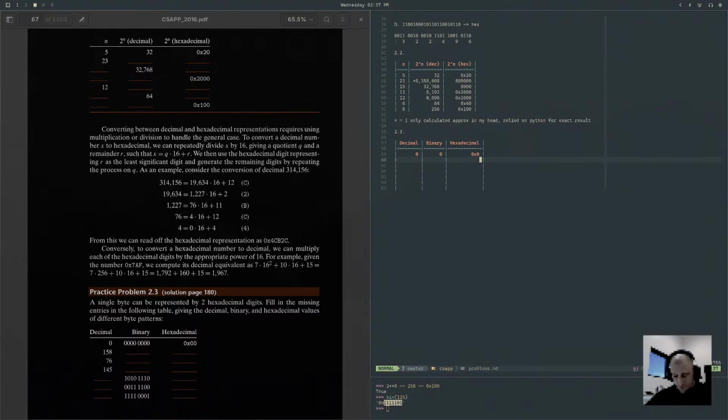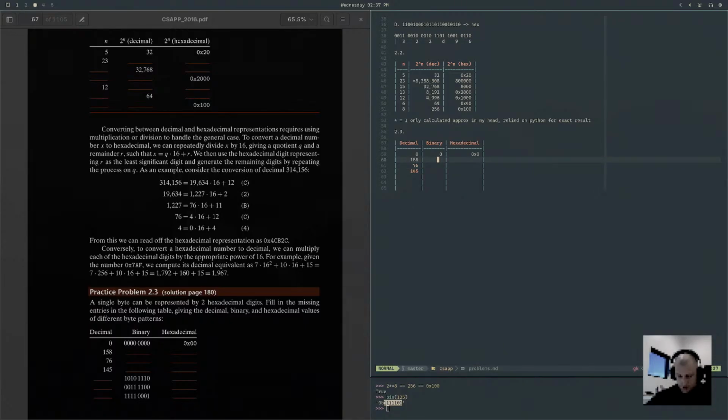Okay. Practice problem 2-3. A single byte can be represented by 2 hexadecimal digits. Fill in the missing entries in the following table, giving the decimal, binary, and hexadecimal values of different byte patterns. Okay. 158, 76, 145.